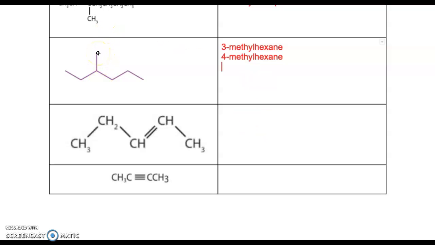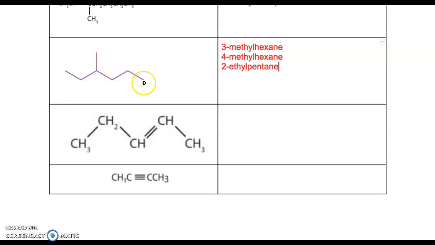Let's start from this carbon and see how it goes. 1, 2, 3, 4, 5. 5 carbons, so it's not long enough, and then you'll have an ethyl group at your second carbon. So you would have 2-ethylpentane.